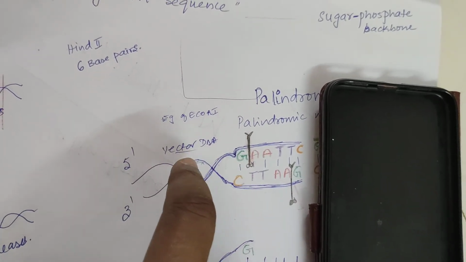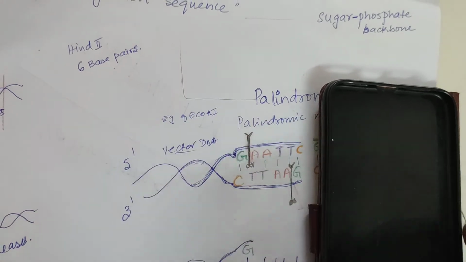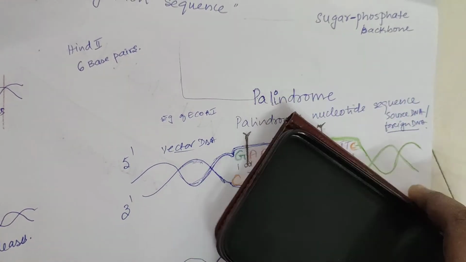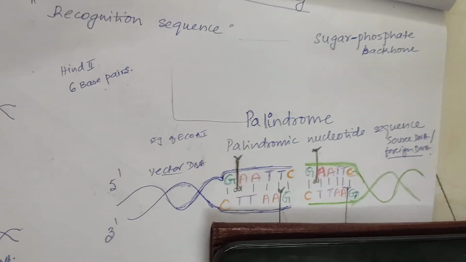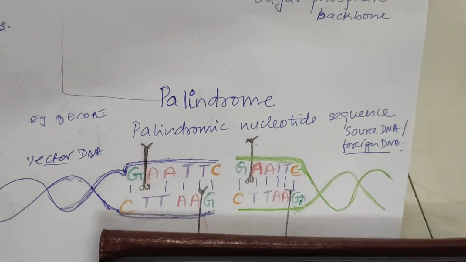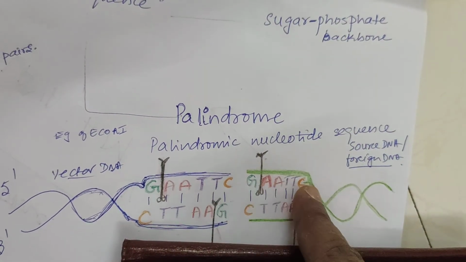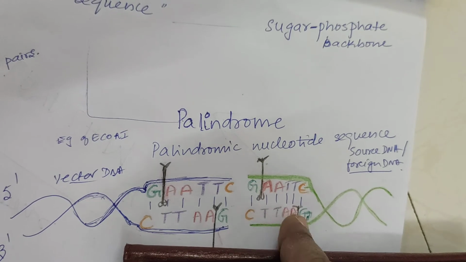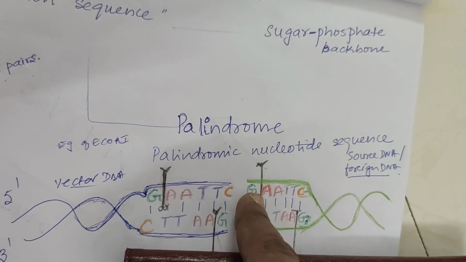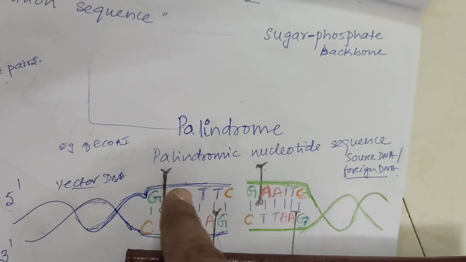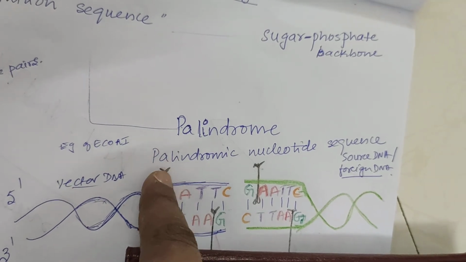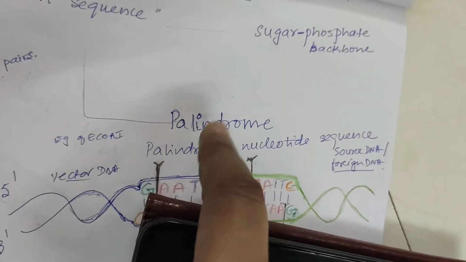Similarly, even the source DNA should be cut with the same restriction enzyme. This is the source DNA I have drawn, which is being cut in the same way. See, GAATTC, GAATTC, between G and A and between G and A. So what happens when the molecular scissors cut here? This segment will go off.